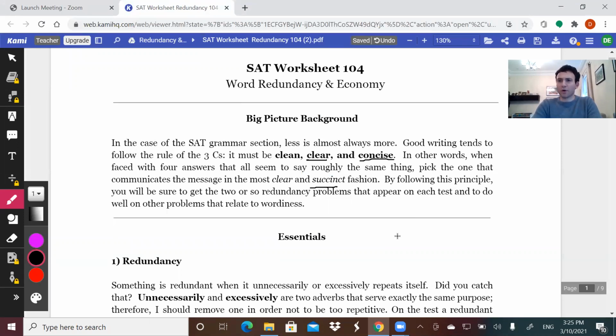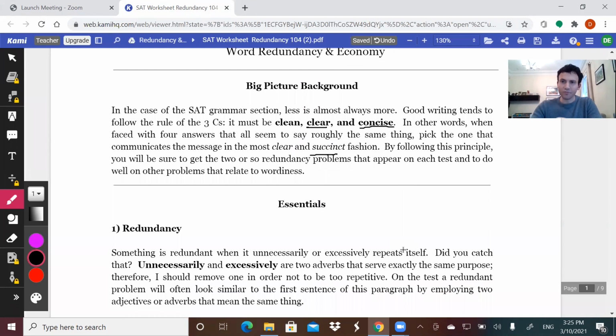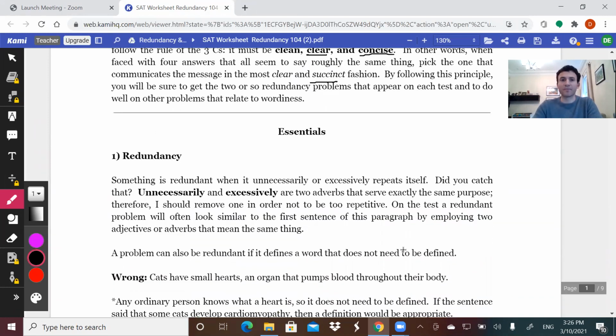You don't want to waste words, and if there's a way to get the message across with fewer words, then it's probably the better choice. It's just more succinct. You're being economical with your words. You're not wasting them. You're being thrifty. And that's something that's very much prized in a lot of good writing, and it's very important to both the SAT and the ACT.